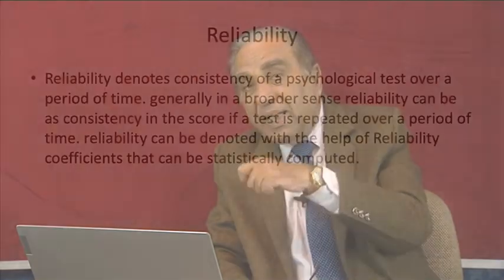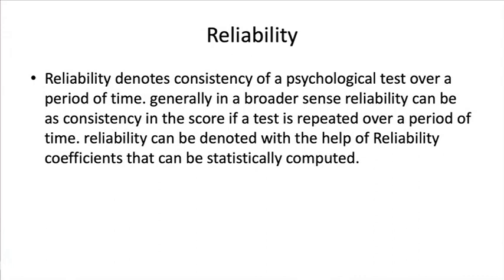If perfect correlation is 1 and the reliability coefficient coming is 0.80, then I will say 0.20, 20% is error in the score and 80% is accuracy. So, we can calculate reliability with the help of the correlation coefficient.